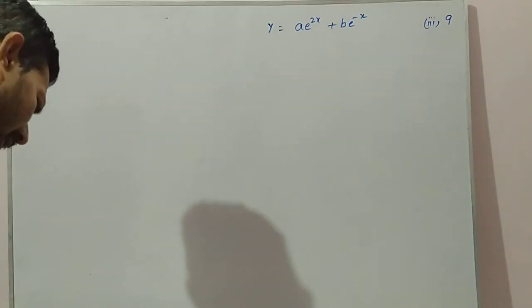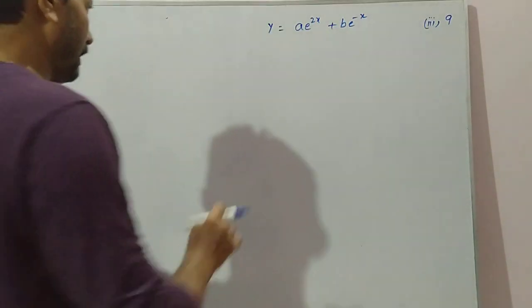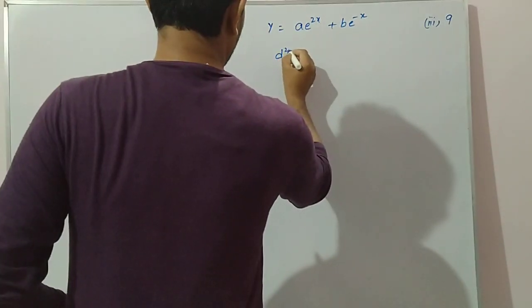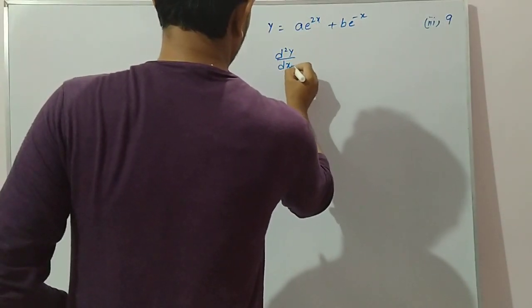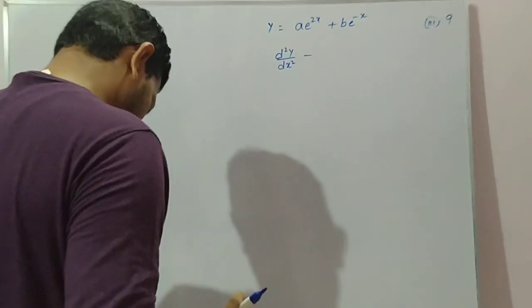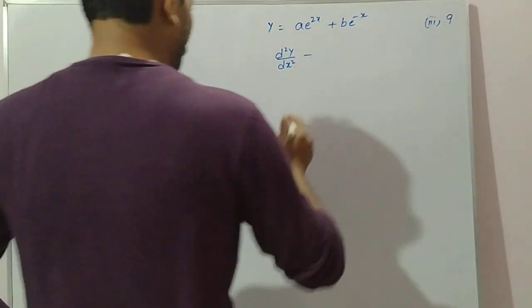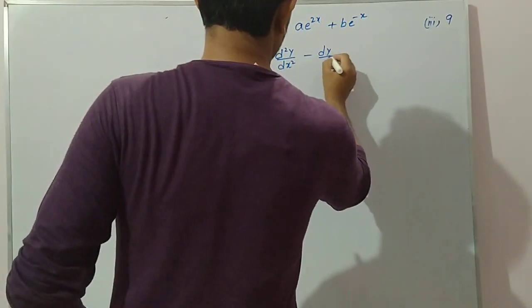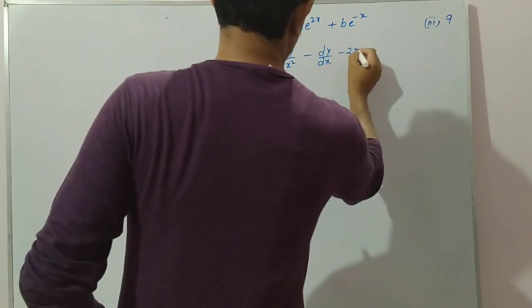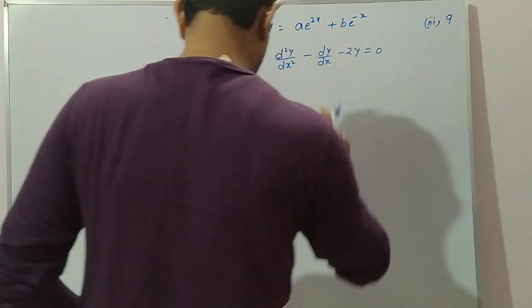We have to prove that d2y by dx square minus dy by dx minus 2y equal to 0.